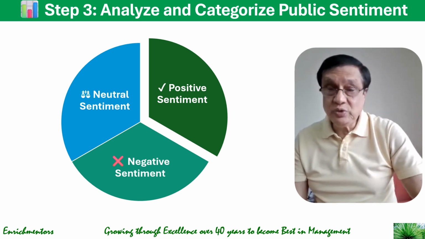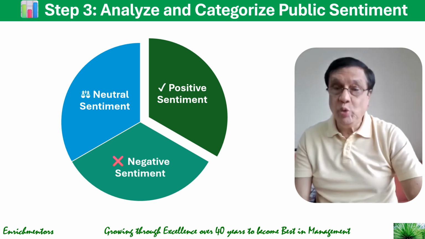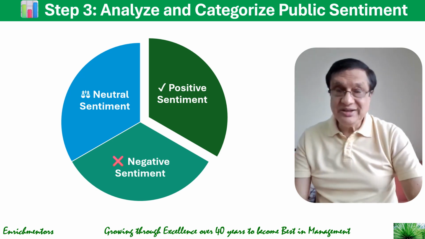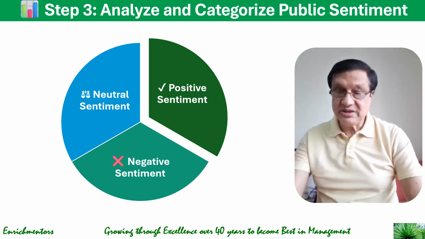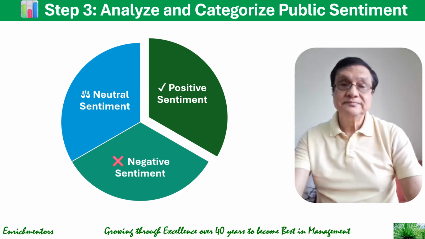Now, please remember to focus on sentiment trends over time rather than individual comments to gauge the crisis impact. So that's how you should analyze and categorize the public sentiment.